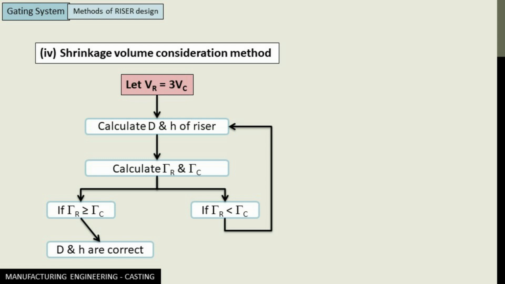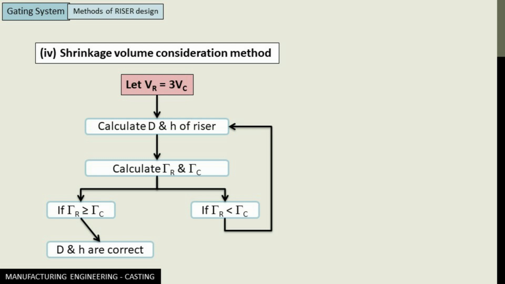After that, the solidification time for riser and the solidification time for the casting is calculated. If the solidification time for riser is greater than or equal to the solidification time of the casting, the diameter and height of the riser that was considered earlier remains correct.